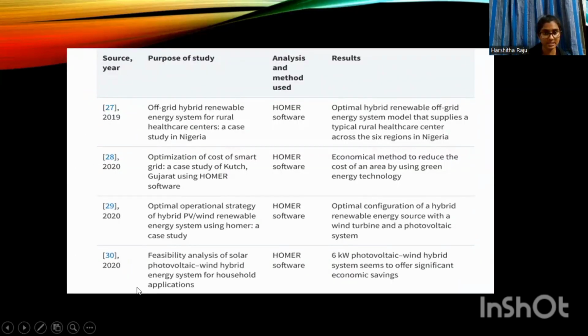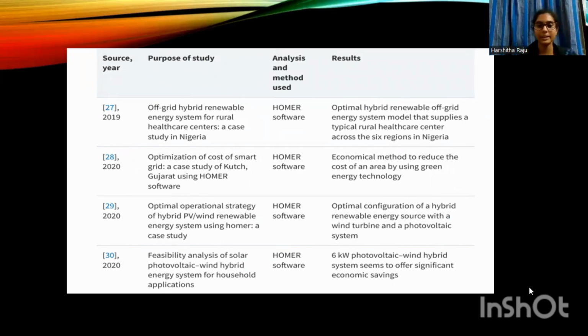So these are the source years, 2019, 2020, up to 2027, 28, 29, 30. In the source years, the purpose of study for economic analysis has started and has increased. In 2019, we can see the off-grid renewable energy system for rural healthcare centers, a case study in Nigeria.